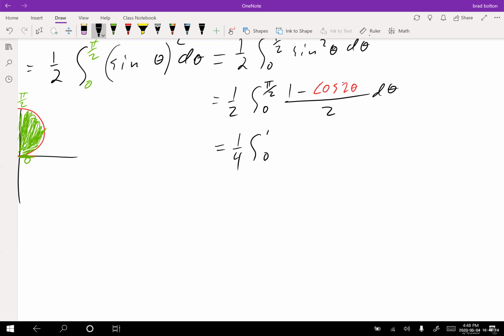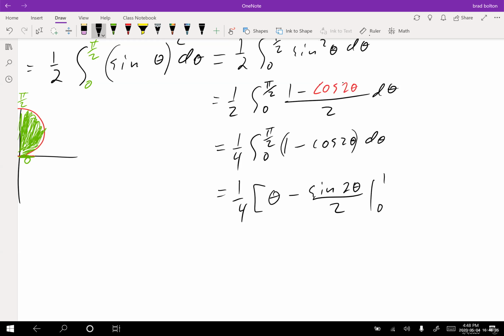Sorry about that, guys. So this is 0 to pi over 2, 1 minus cosine 2 theta d theta. Okay, and this is 1/4. So now we are going to have theta minus sine 2 theta all over 2 from 0 to pi over 2. So then we have 1/4 pi halves. Sorry about this, you guys.